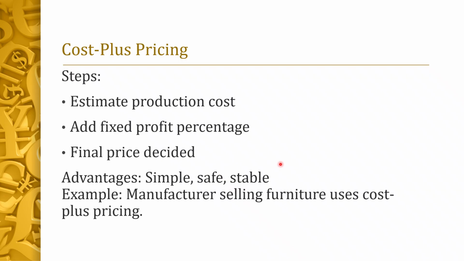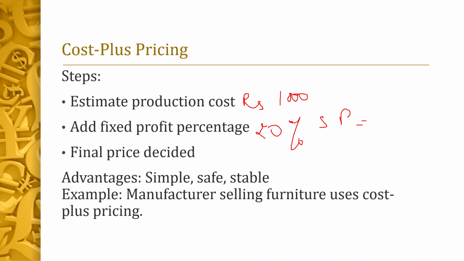Right? For example, say there is a furniture manufacturer. He produces a chair, and his production cost is rupees 1000. And then he adds 20% as a fixed profit percentage. So what will be the selling price?